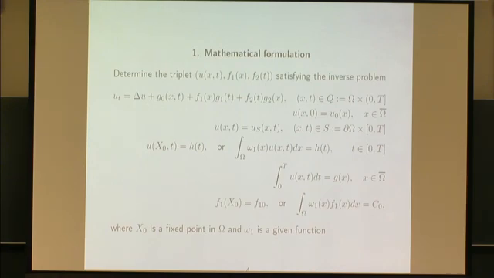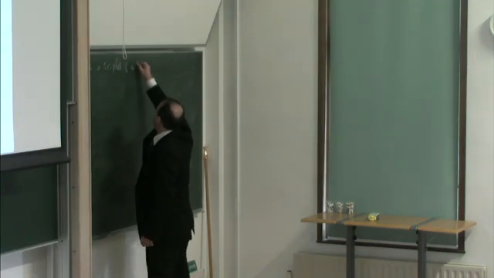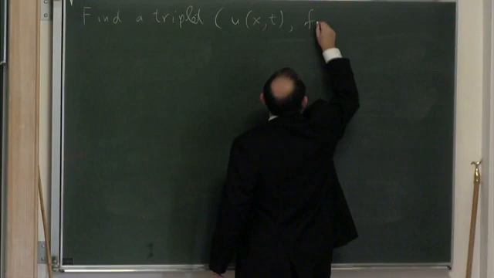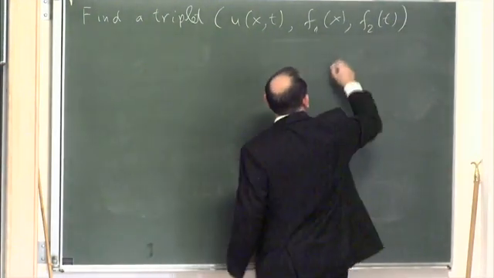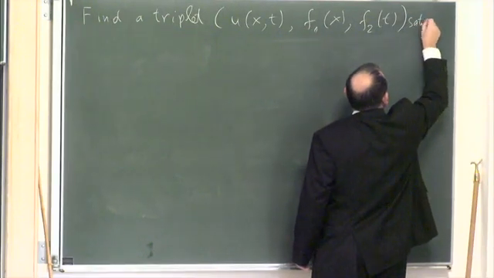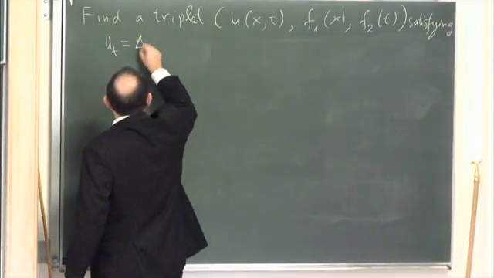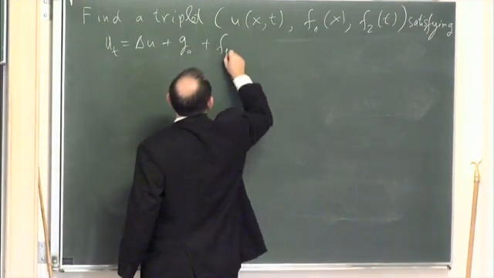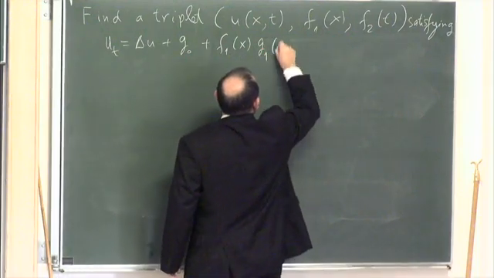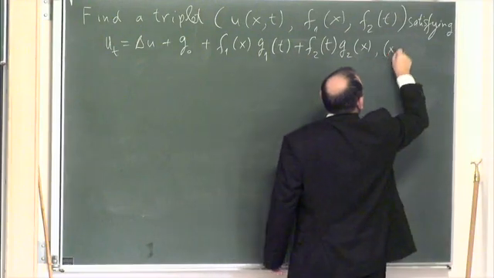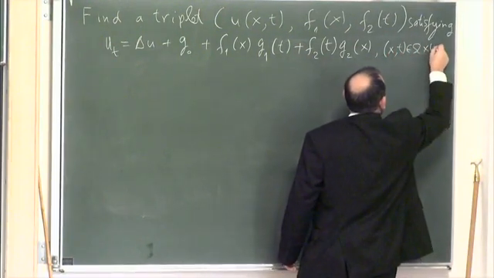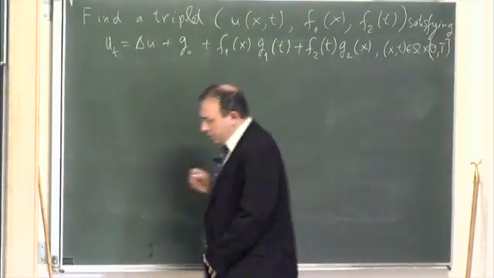This is the problem we want to solve. So we want to find a triplet consisting of the temperature solution u, some component of the source f1 depending on x, and another one f2 depending on t, satisfying the parabolic heat equation, a linear one, in some solution domain.